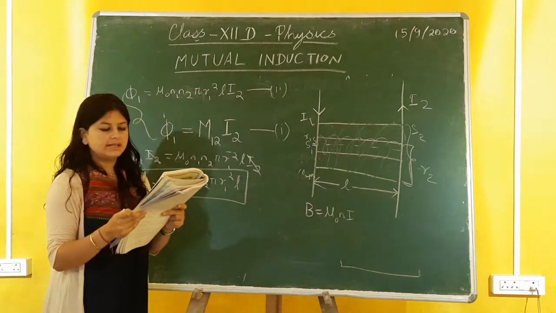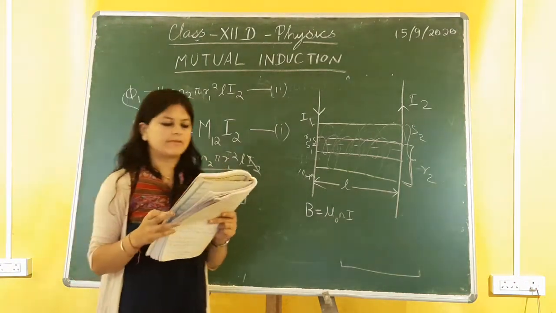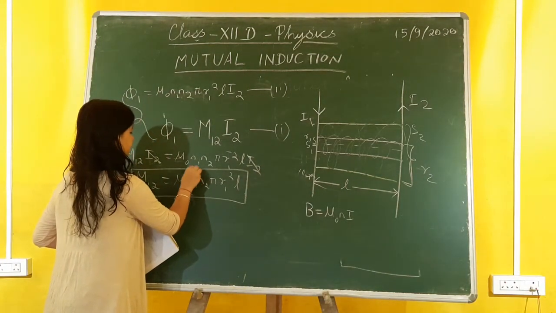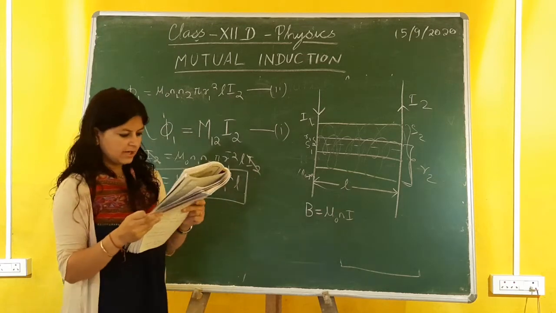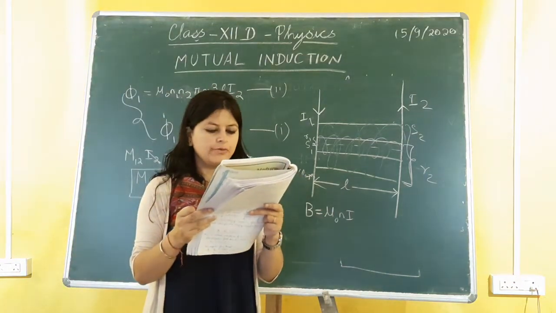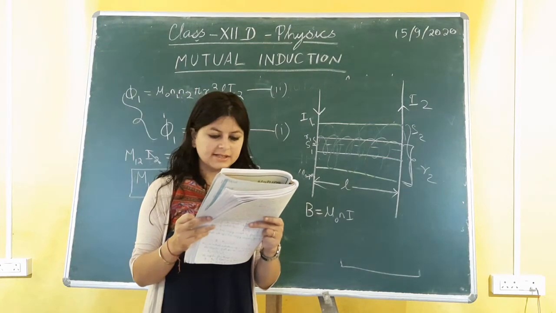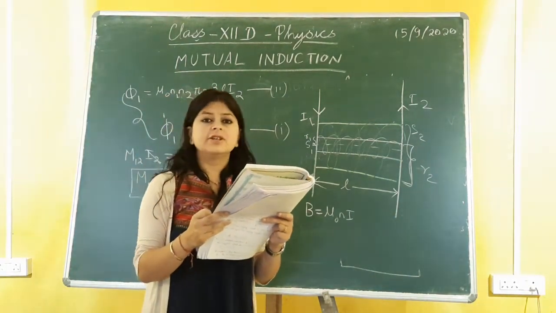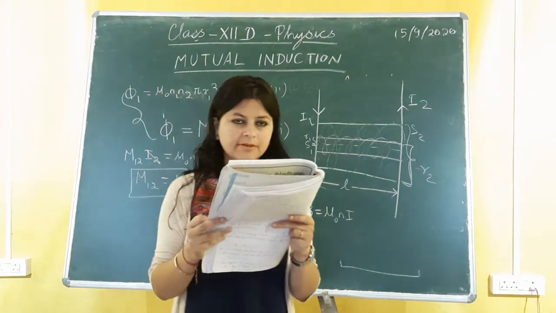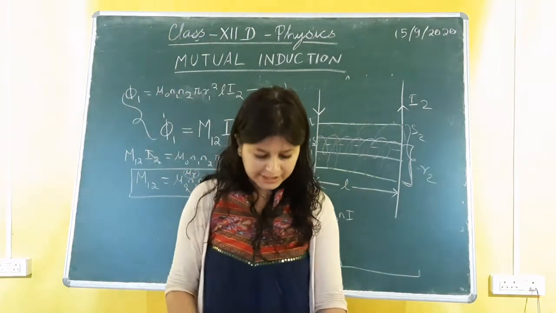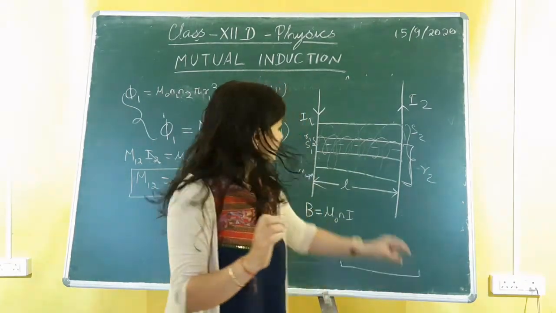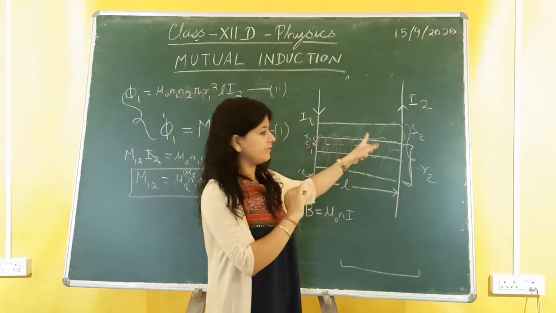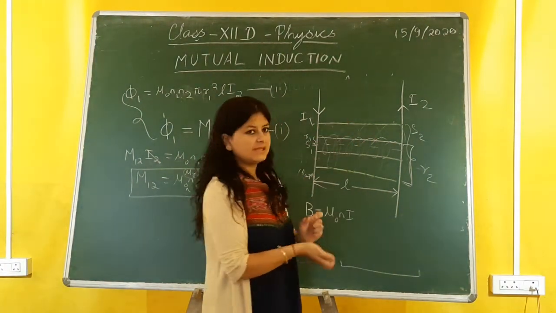Now if you have some other material apart from vacuum, then this expression will be mu naught into mu r, just multiply with the relative permeability, okay. Now we can similarly find out the mutual inductance of S2 with respect to S1, okay, but here you should keep one thing in your mind that the magnetic flux due to S1 is confined solely inside, as if you go back to your previous classes, magnetic field outside will be 0, okay.